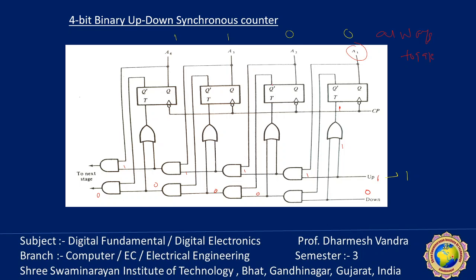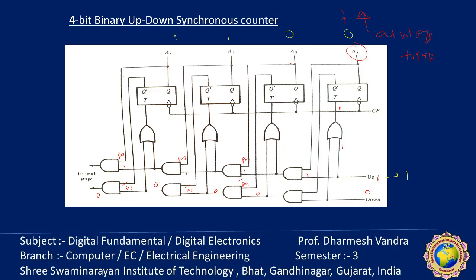Now here this is Q dash, so A1 dash, and this is A1, A2 and A2 dash. Here is A3 dash and A3. So if my input is 1100 and the up counter is active, this will change from 0 to 1.